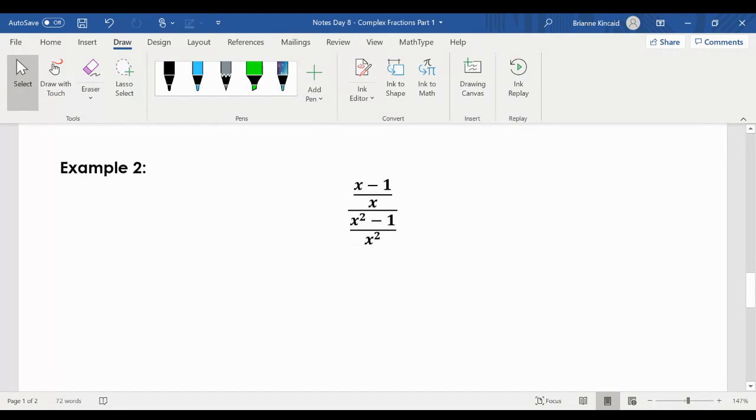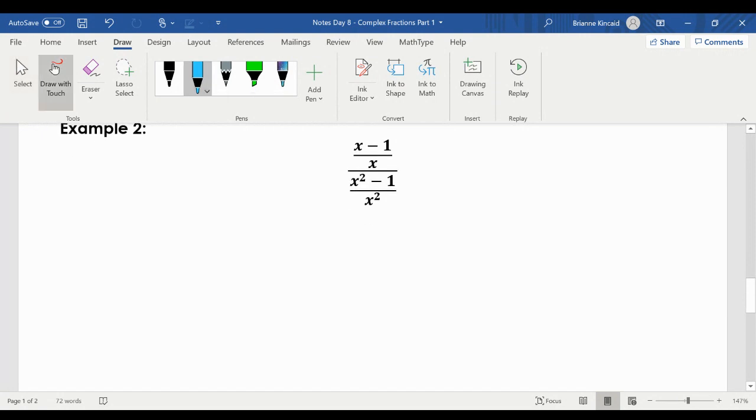So looking at my second example, I have a single fraction in the numerator. I have a single fraction in the denominator. I'm going to rewrite this as division. So x minus 1 over x divided by x squared minus 1 over x squared.